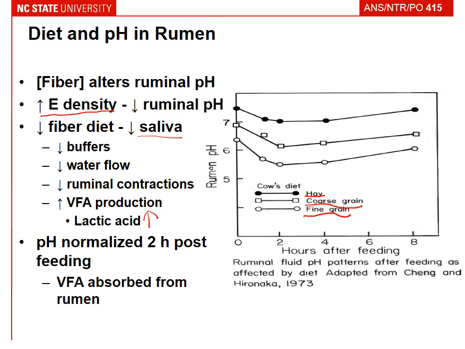If you would have taken these animals and provided them a fine grain, we may have had much greater changes. And so why does this pH normalize after 2 hours? And that's because the volatile fatty acids have been absorbed. So we've now gotten rid of all the volatile fatty acids, so it increases the pH.